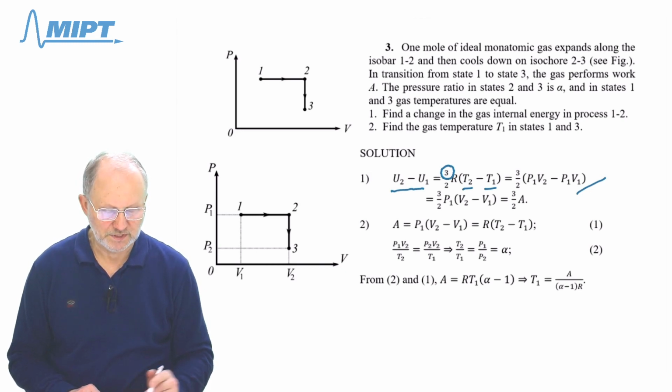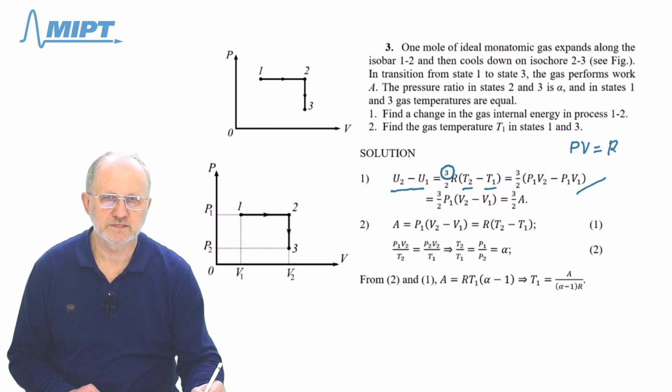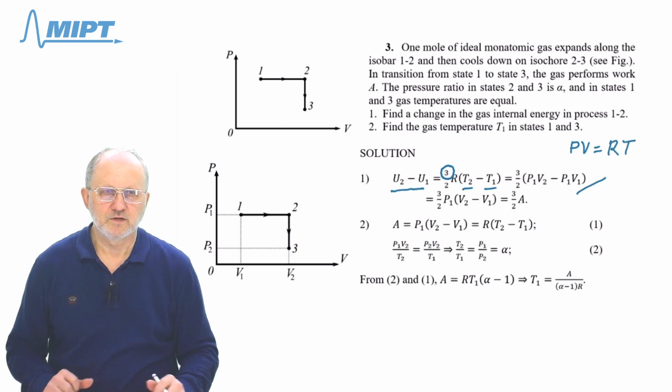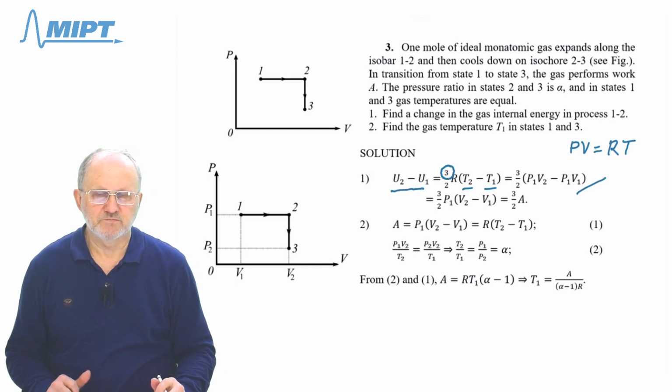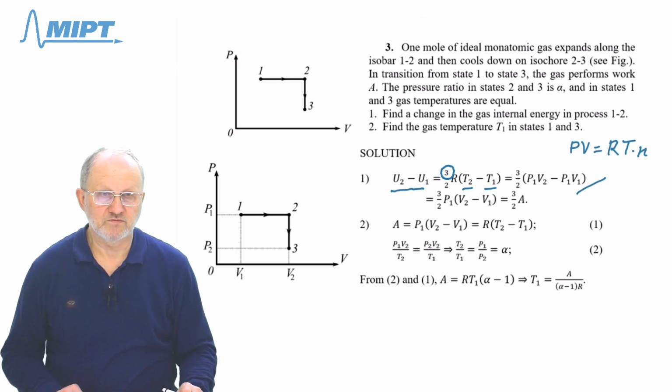Certainly, what is used in this formula is the gas law, the law of ideal gas. The pressure times volume occupied by the gas equals universal gas constant times temperature. This is for 1 mole. If we had more than 1 mole, then we should have multiplied this equation by the number of moles.